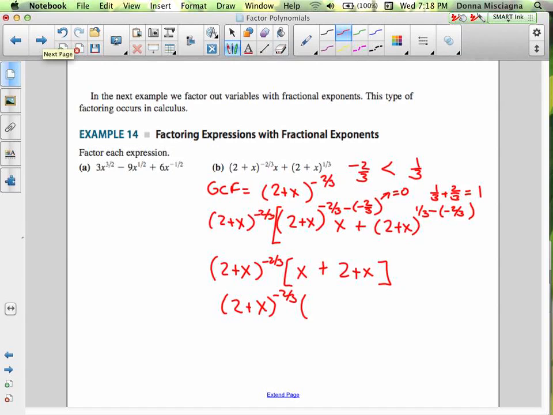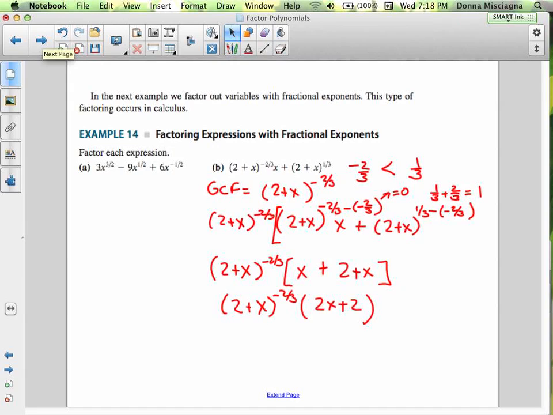I thought for a second we were going to have an x plus 2 again. We have a 2x plus 2. It doesn't matter if it was a 2 plus 2x. If it had been another 2 plus x, we could combine them. And that's all there is to that one.